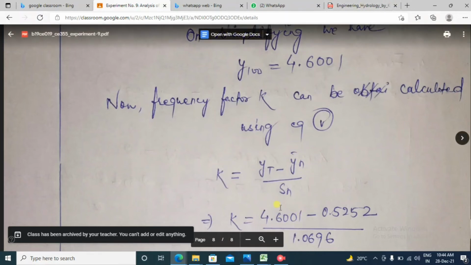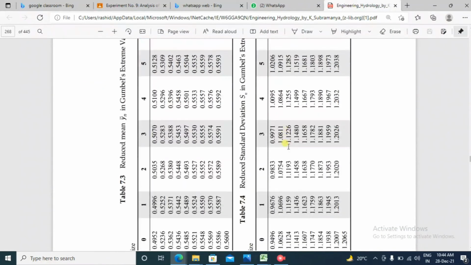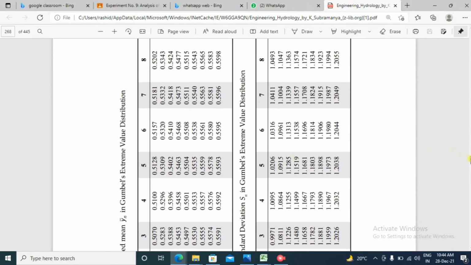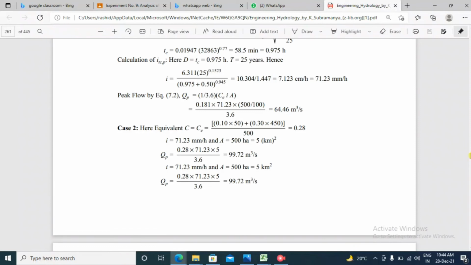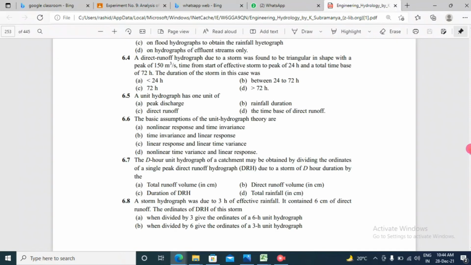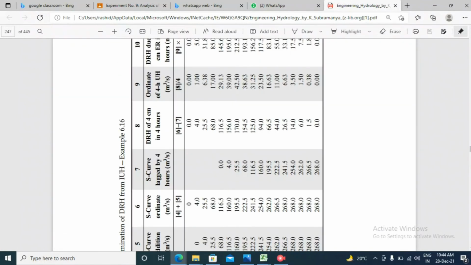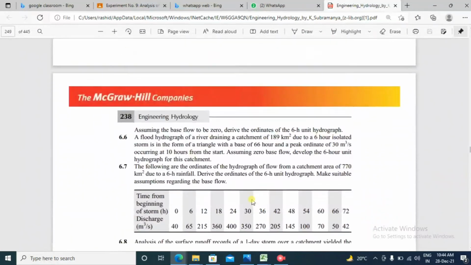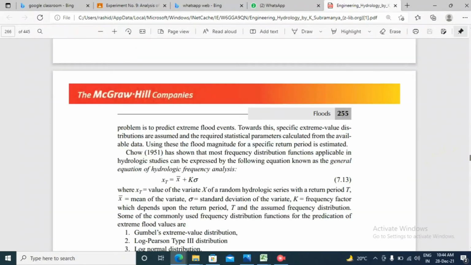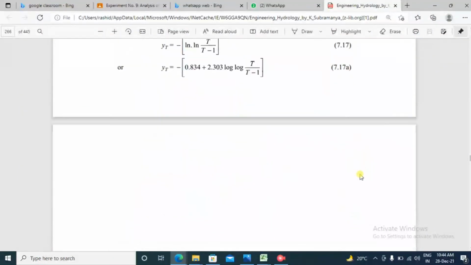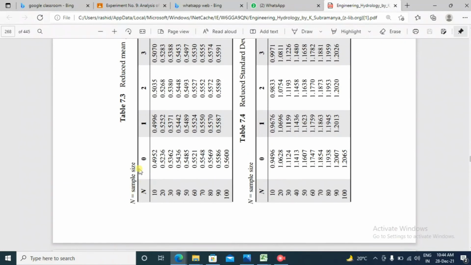See here how I am taking: tables 7.3 and 7.4. The sample size is 21.